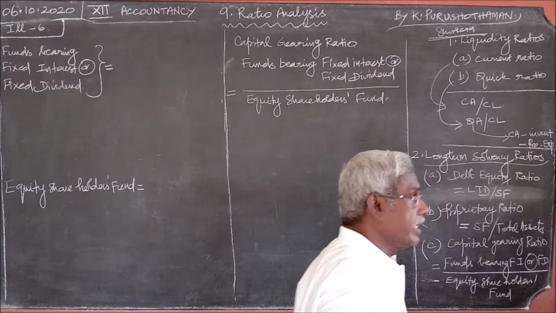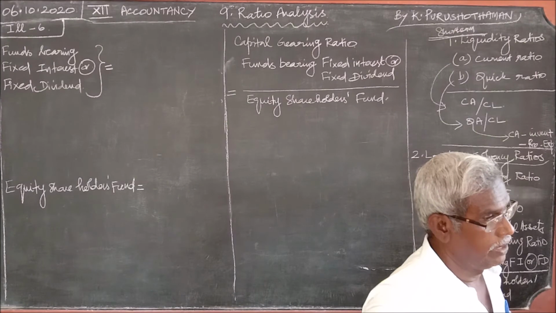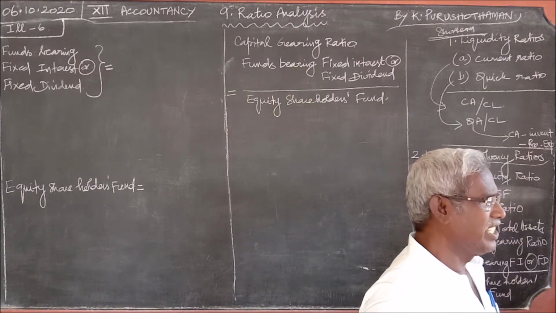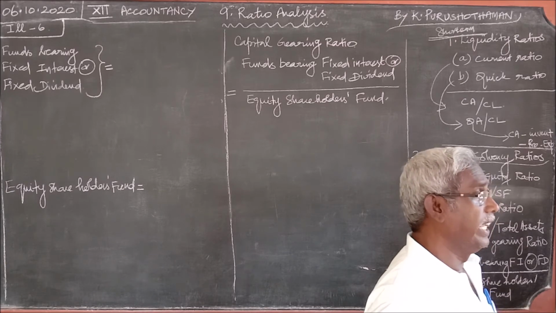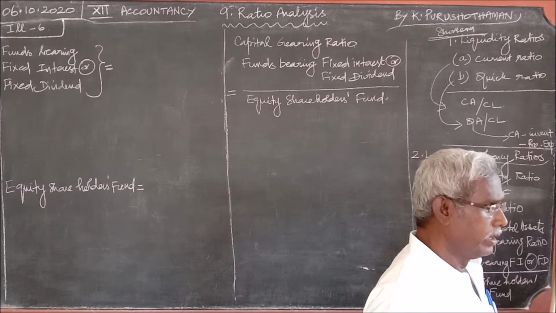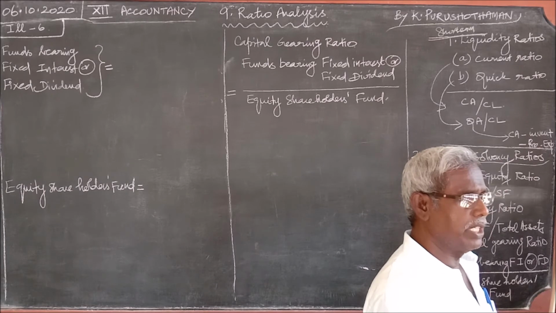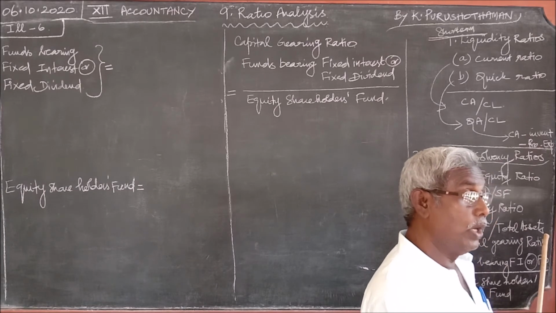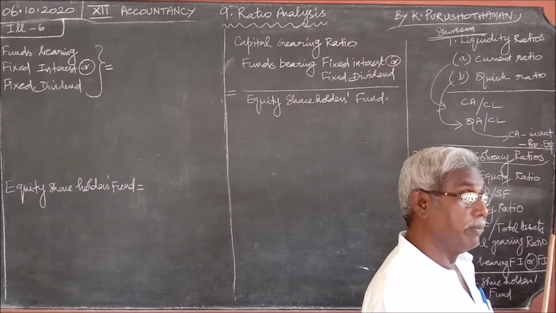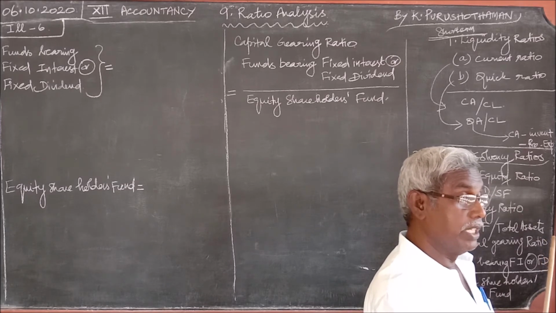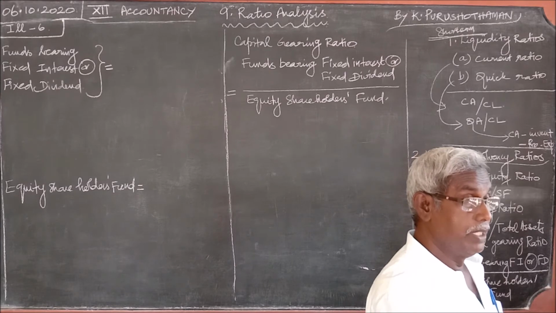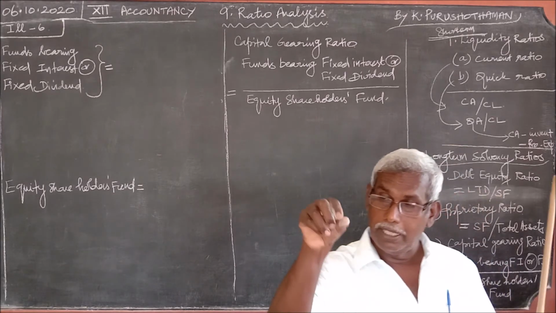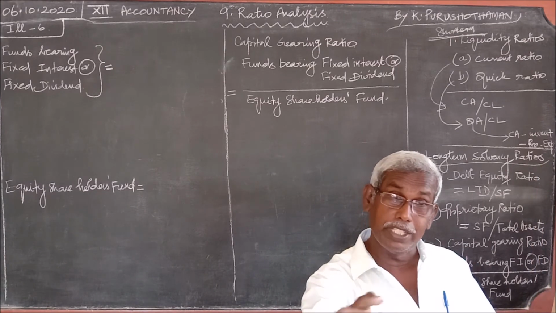Then for fixed interest, for all types of borrowings, the interest is given at the fixed rate, what they have promised to give. If it is a loan and they say they will give 6% interest, then they will pay only that 6%. So loans and other borrowings including debentures, where the debenture certificate mentions 6% interest will be paid, 10% interest will be paid, all that is fixed. So it is the fixed interest.